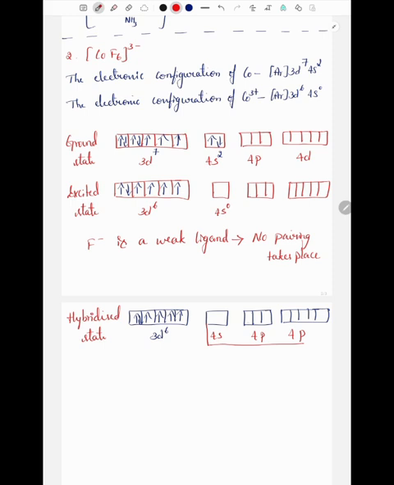There are 3 4p orbitals and 2 4d orbitals. This is d orbital, 4d. So the hybridization is sp3d2 hybridization. Okay, this is the hybridization of the given complex. It starts from the s orbital, includes 3 p orbitals and 2 d orbitals. Hence the hybridization is sp3d2 hybridization.